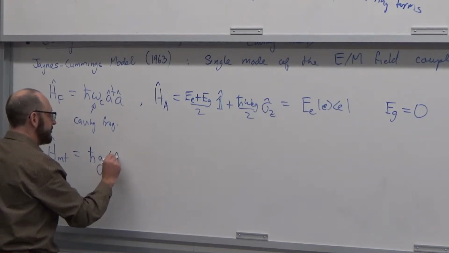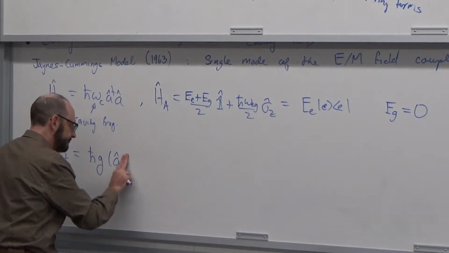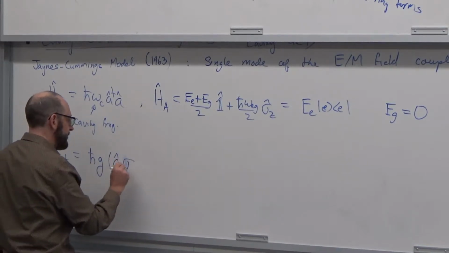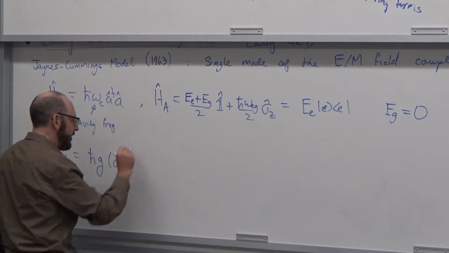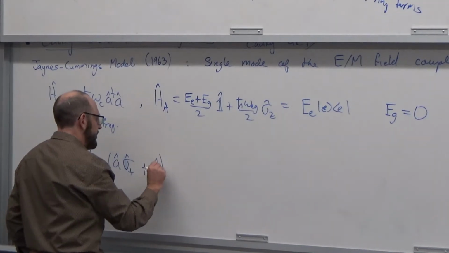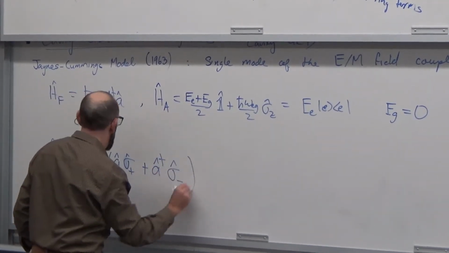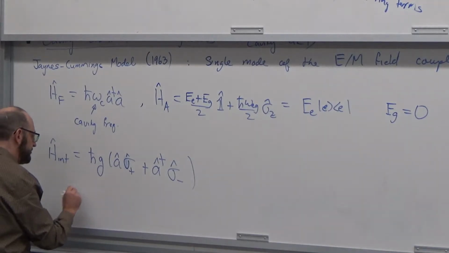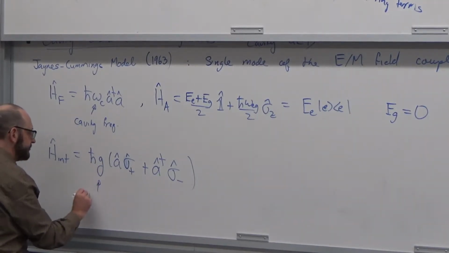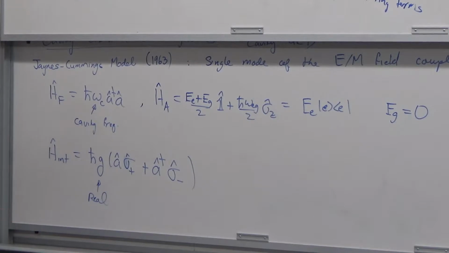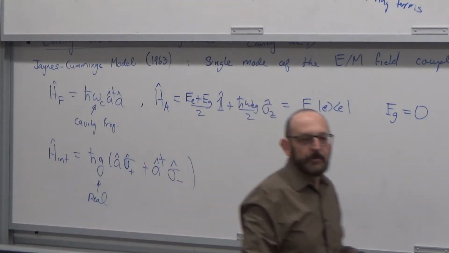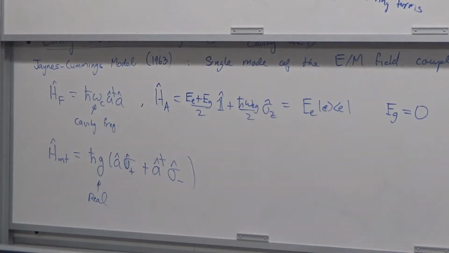And it is this: I absorb a photon and raise the atom, or emit a photon and lower the atom, where this g is real. In a cavity, we have a standing wave, and so we can take the mode amplitude to be a real amplitude.